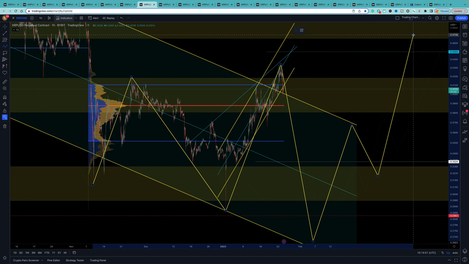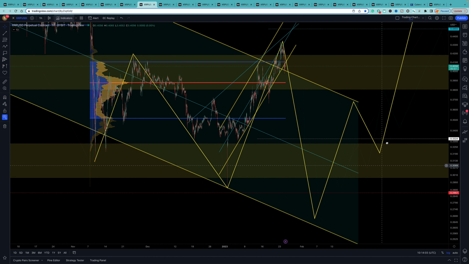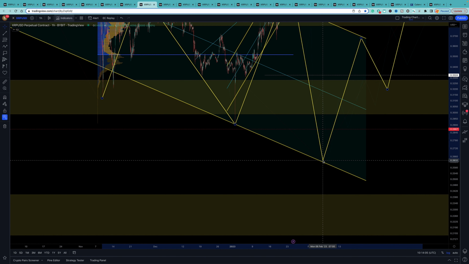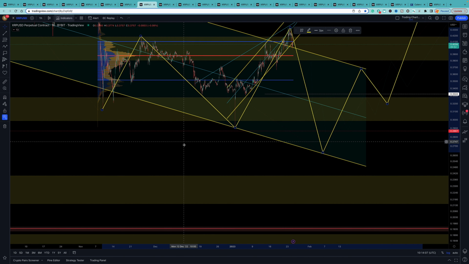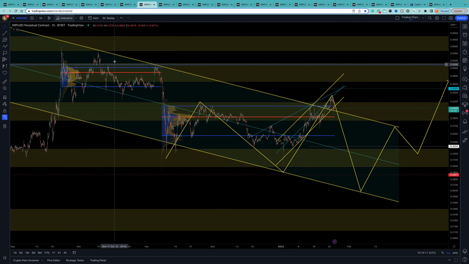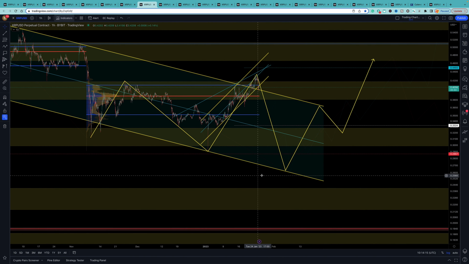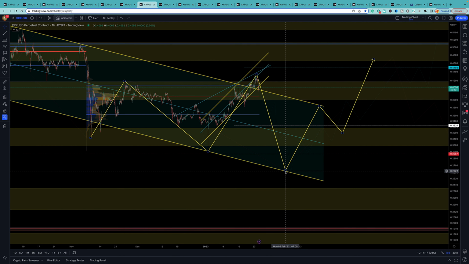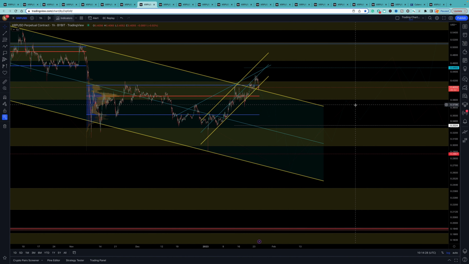Something like this, and then I think potentially we'll head on up to 55. But if this does play out, again, we're looking at the touches of this descending channel. So you've got 1, 2, 3, and potentially we get a bottom touch back down here, generally around the 26 mark, where there are other confluences that I was showing you, so 26 or so might be a target.